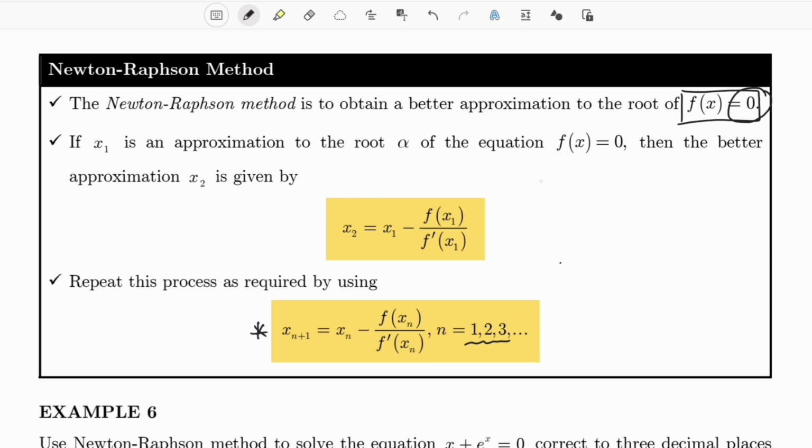If your first value is x0, the next will be x1, x2, etc. If the first value is x1, it will be x2, x3, etc. So it's just the notation. The first step for Newton-Raphson is for you to find f'(x).